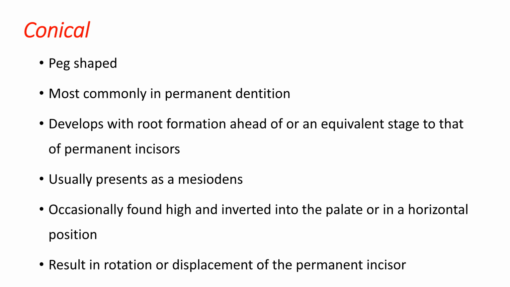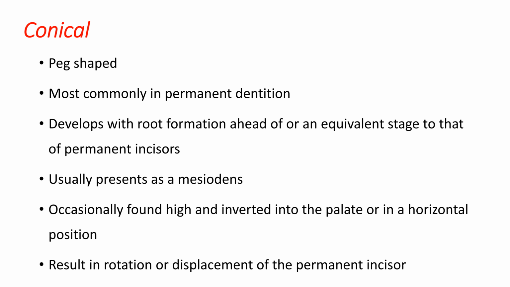First is conical. This small peg-shaped conical tooth is the most common supernumerary tooth found in the permanent dentition. It develops with root formation ahead of or at an equivalent stage to that of the permanent incisors.